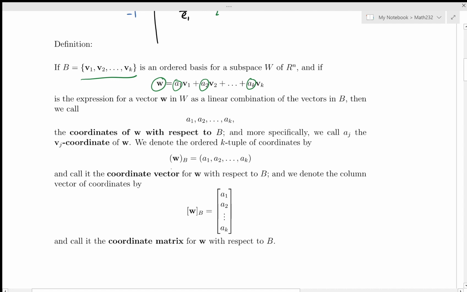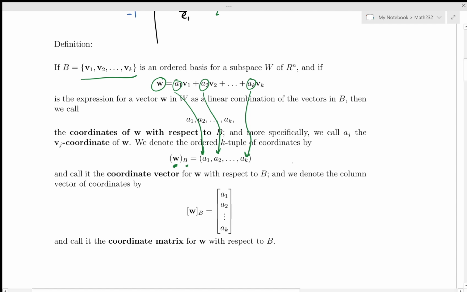And so we would say then the vector W with respect to the basis are those constants, those guys right there. And then what we mean by that is that W is A1 times V1, the first basis vector, etc., like that.